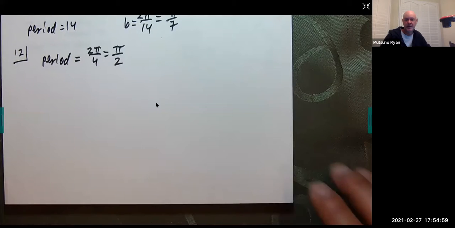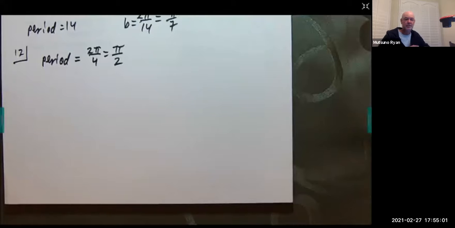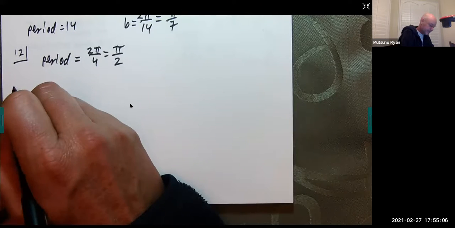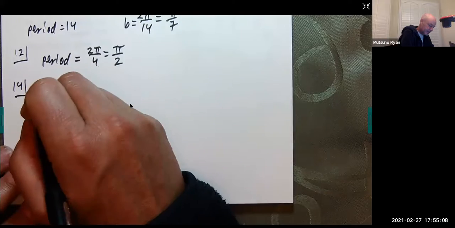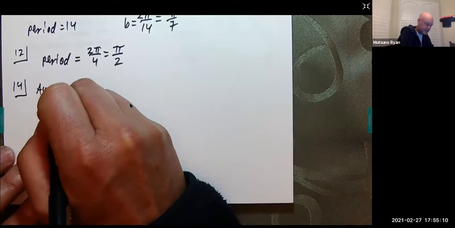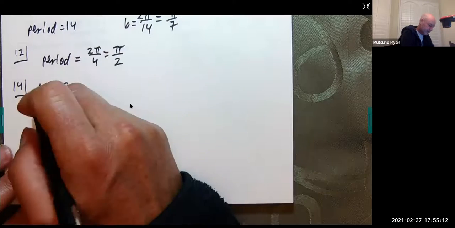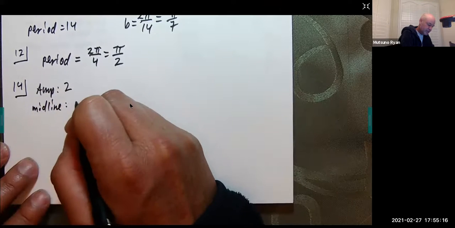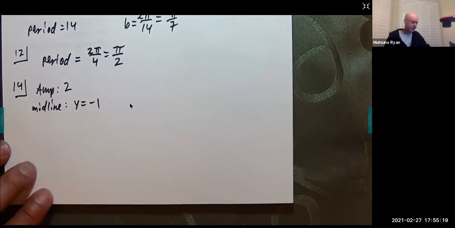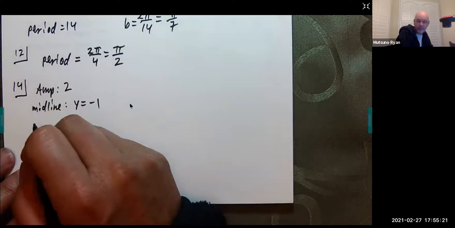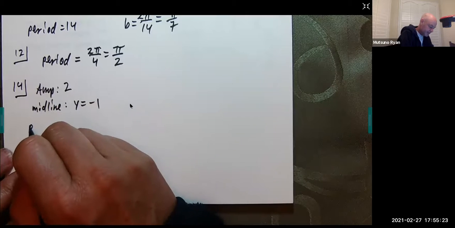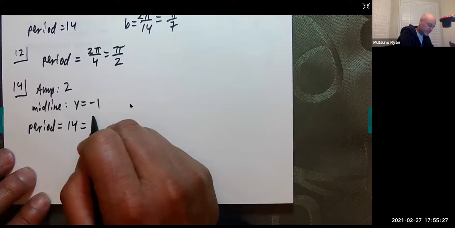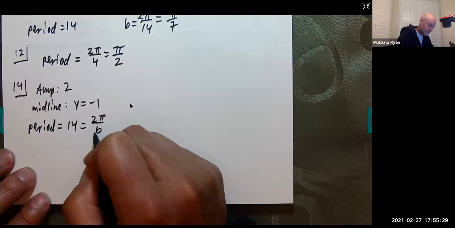All right. So first of all, this is for number 14. The amplitude, in this case, was 2. The midline, we said it was at y equals -1. We have a period of 14, which is 2 pi over b. Swap those out.